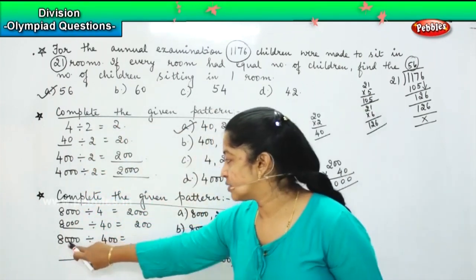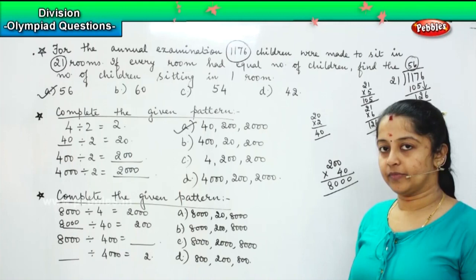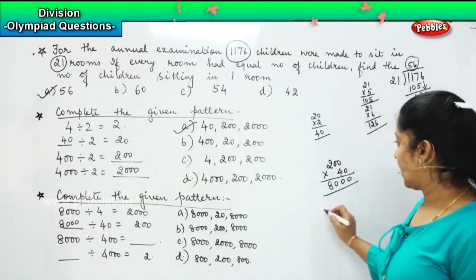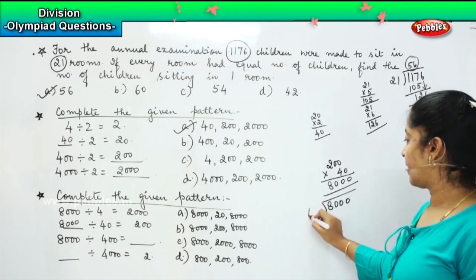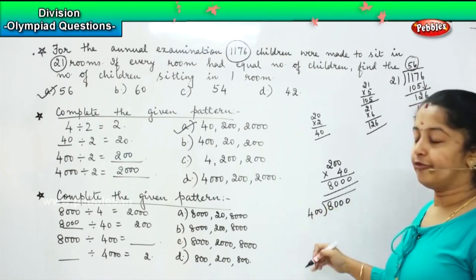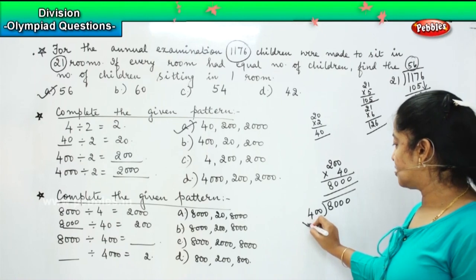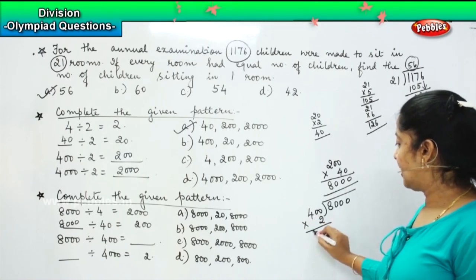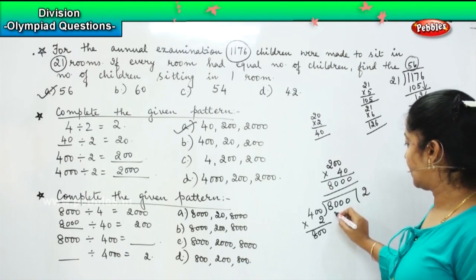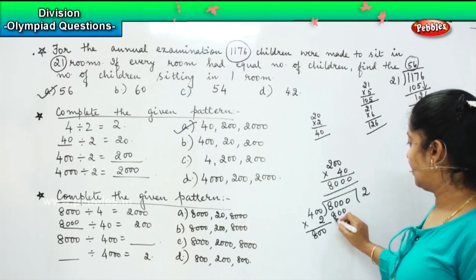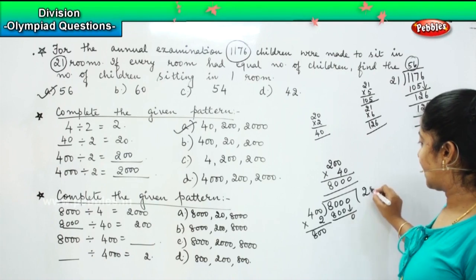Next, 8000 divided by 400 is how much? 4 ones are 4, 4 twos are 8, right? So if I multiply by 2, it gives me 800. So 2 times it becomes 800 and this 0 is carried here.